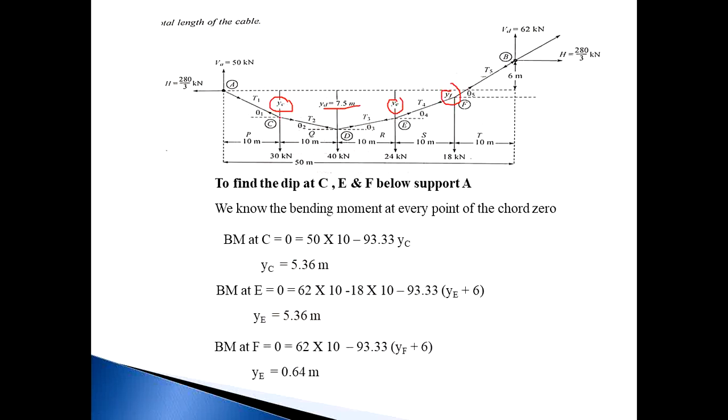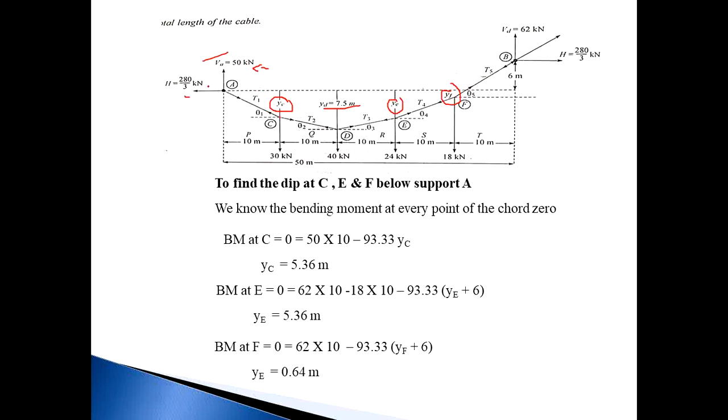For YC, taking moment about C. So bending moment at C is equal to 0. We know the equilibrium condition. Now consider minimum force side. So on the left side of C, the number of forces are only 2, that is H and VA. So I consider the left side.